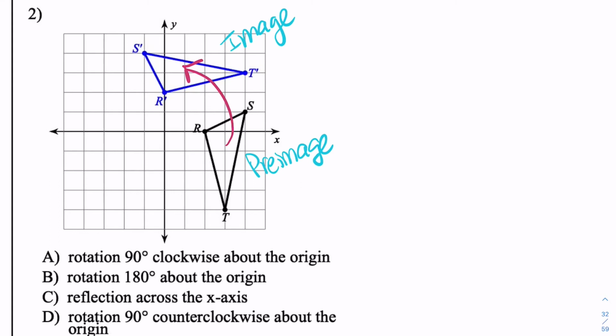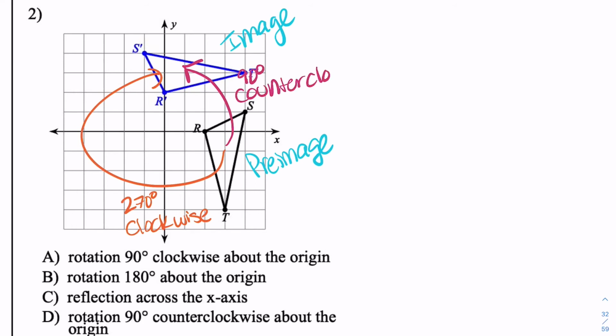But remember, it could have moved clockwise. This would have been 270 degrees clockwise, and this would have been 90 degrees counterclockwise.